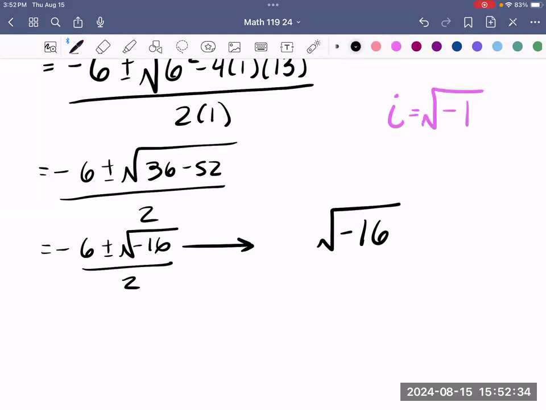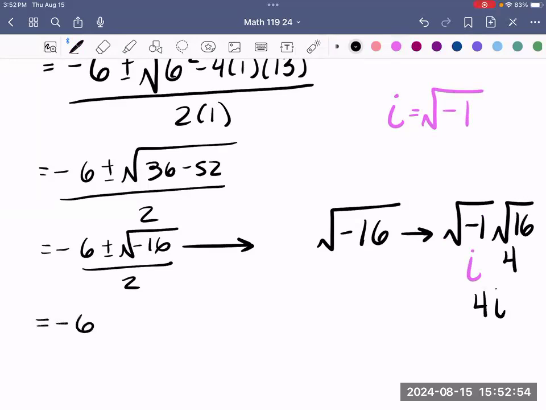So you can break up this -16 as -1 and the square root of 16. This way you can call this square root of -1 i and then go about simplifying. This would be then 4i. So we can put that over here.